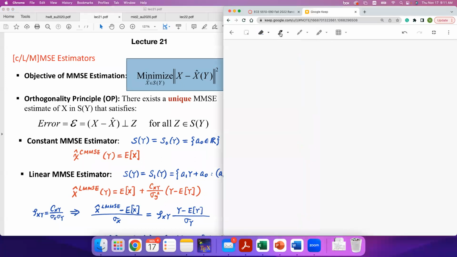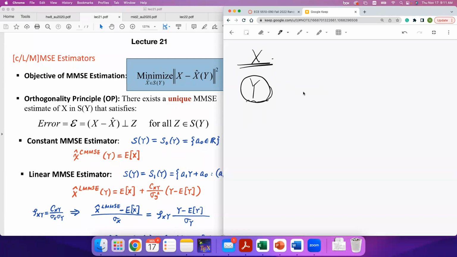We have an underlying random variable x that we want to estimate, but we can only observe another random variable y. This is our observation space, and y is somehow related to x. So by observing y, we want to go back and estimate x.